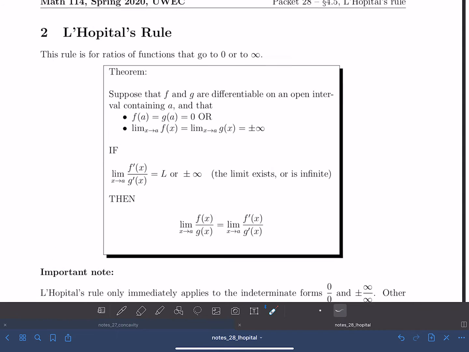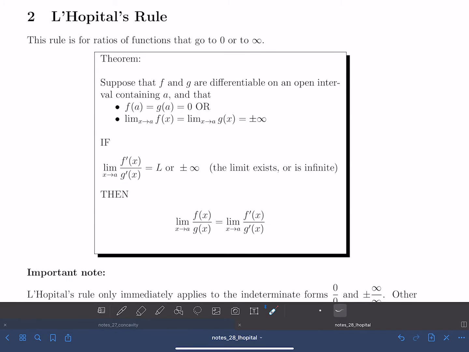So L'Hopital's rule is the rule for ratios of functions that go to 0 or to infinity. That is to say, each of the functions goes to 0 or infinity, not the ratio itself. So in particular, we're going to suppose that I have f and g, and they've got to both be differentiable on an interval containing a. That's my point of interest inside the limit in these expressions here, right? That's the place that x is going to on the x-axis.